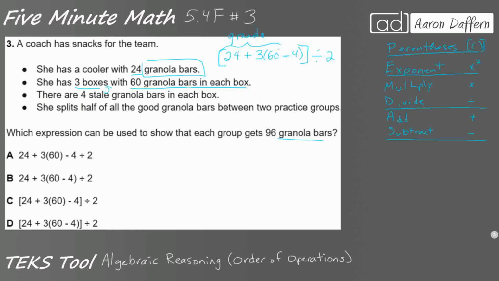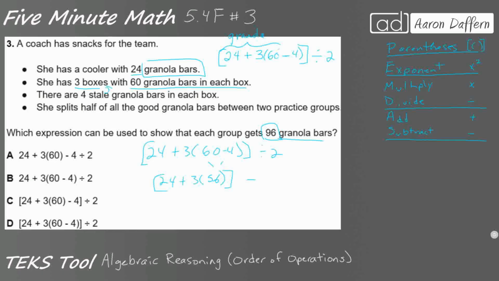So let's double check D, right? So let's see, 24 plus 3, because they say it's supposed to equal 96, right? So within the brackets, we have to deal with order of operations. Within the parentheses, right, we're going to deal with that first. That's going to be 56. 3 times 56.